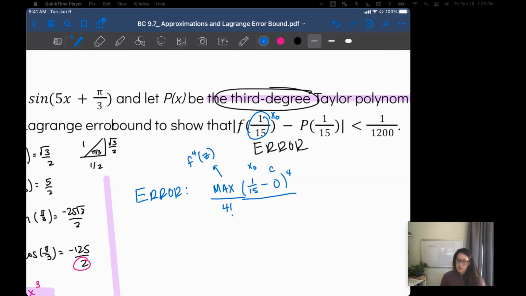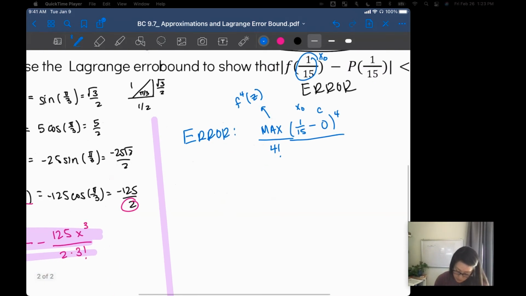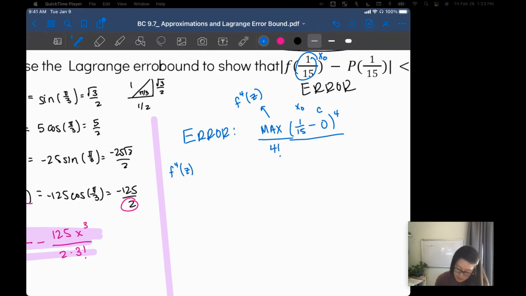So this is our first unused term. I'll just write it over here. It's the fourth derivative of f evaluated at z times x sub naught minus c to the 4th power over 4 factorial.